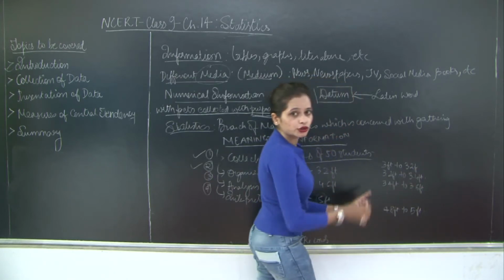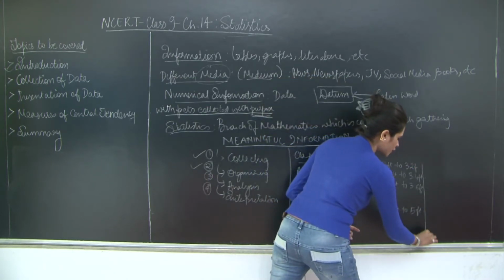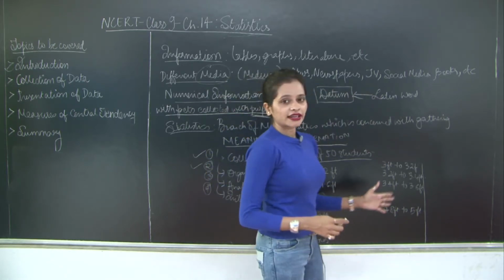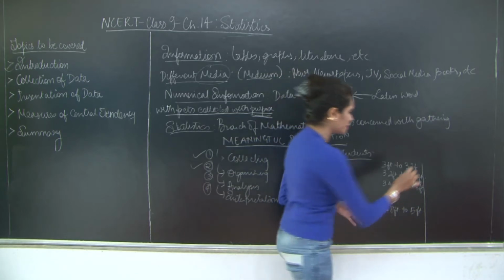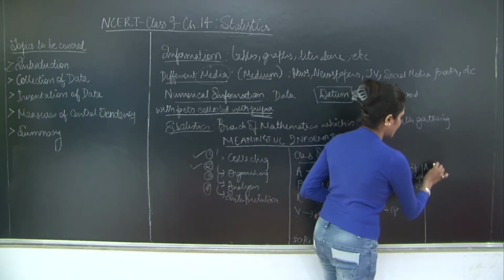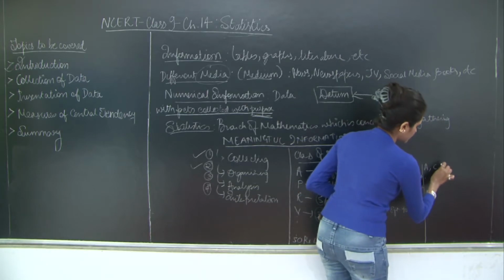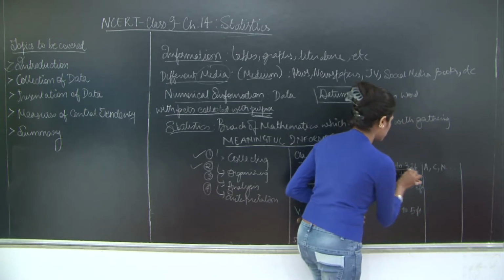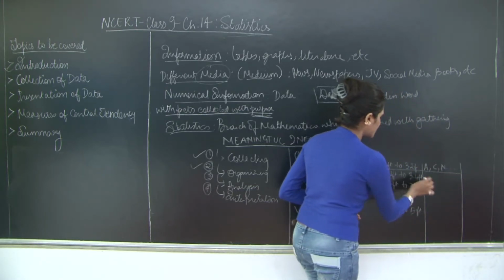Now all the students who belong under the first category, I'm going to write down their names. So I'm just trying to organize my data so that it looks much more simplified, right? So let's say we had A, we had C, we had N, okay? We had some number of students here. Then we had some number of students here.